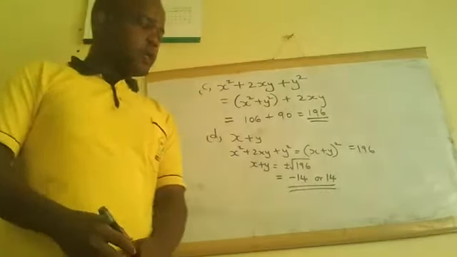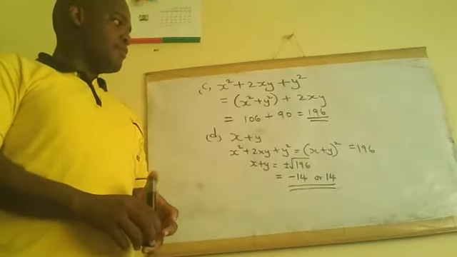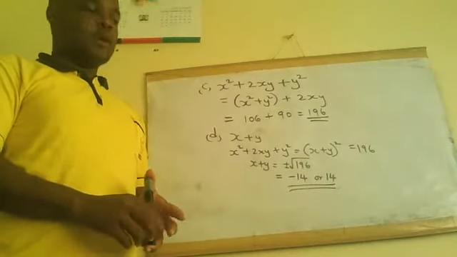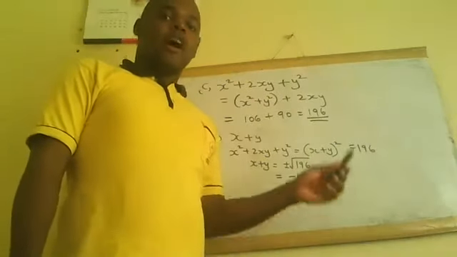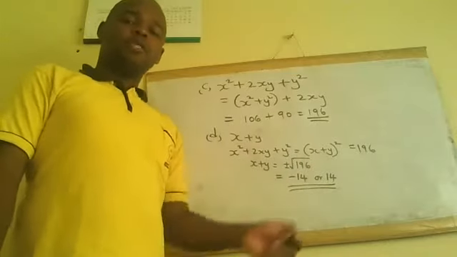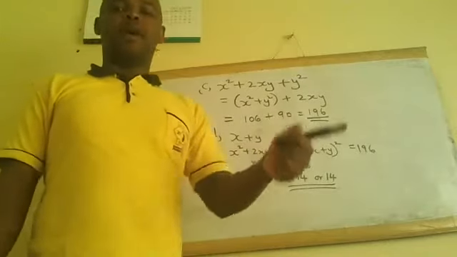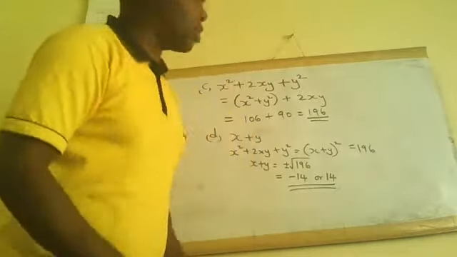Negative 14 or 14. At this point, avoid giving positive value only. Give the positive and the negative. So that is the way the question is supposed to be tackled.